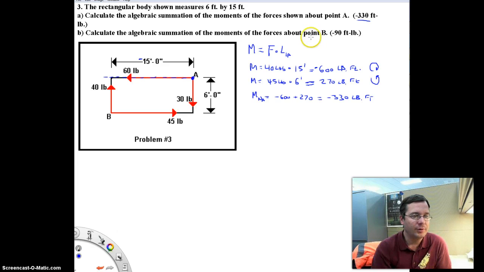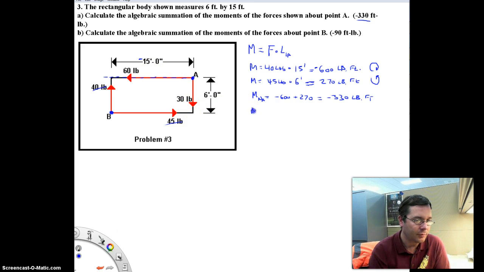Now, about point B. So now this is going to be the pivot point. Again, this 40-pound vector we can simply strike, and this 45-pound vector we can strike because they are axial to point B, so they have no effect. So now we're looking at the moments generated by the 60-pound and the 30-pound forces.